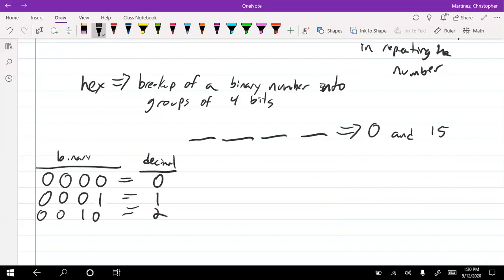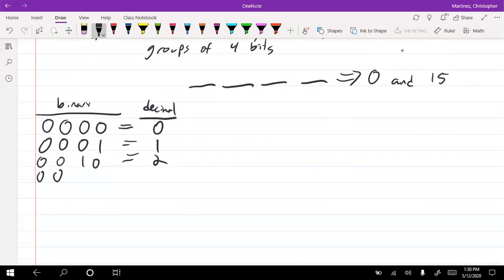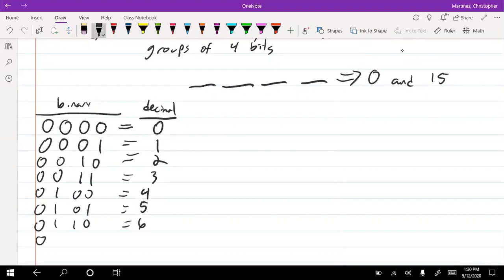That's a 2 in decimal. 0, 0, 1, 1. 3 in decimal. 0, 1, 0, 0 is 4. 0, 1, 0, 1 is 5. 0, 1, 1, 0 is 6. 0, 1, 1, 1 is 7.